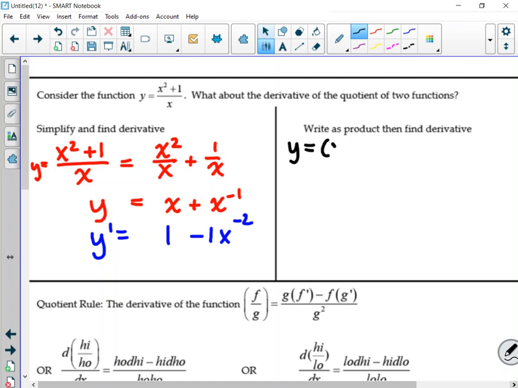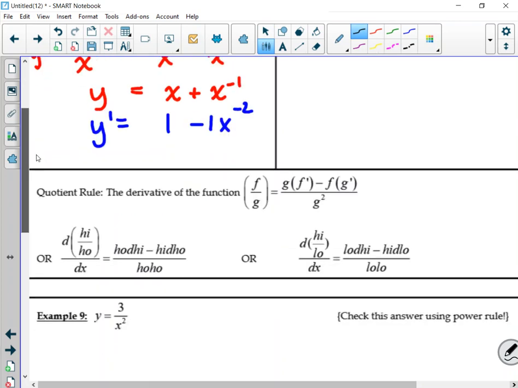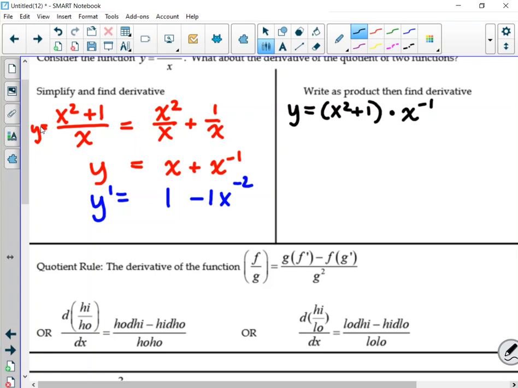Another option: x squared plus 1 all divided by x is x squared plus 1 times x to the negative 1.